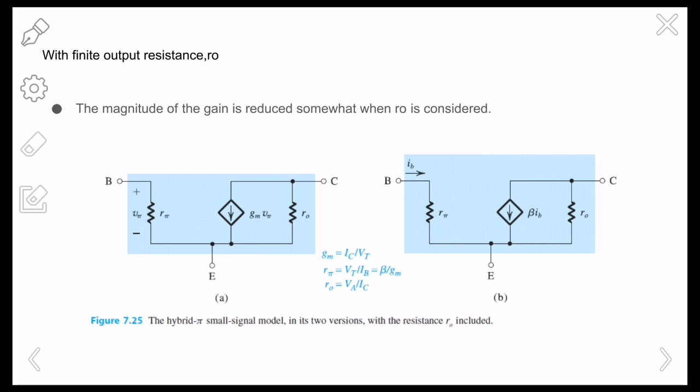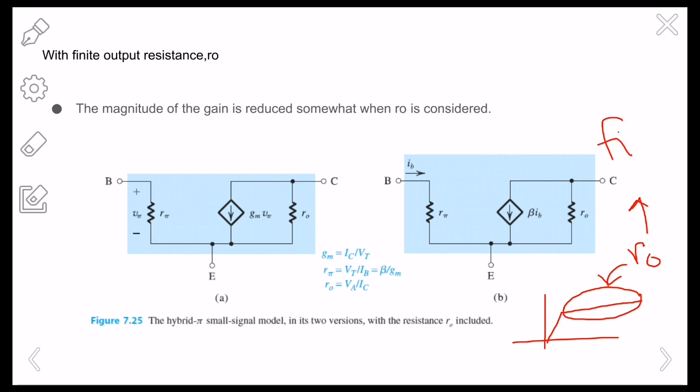Now if you talk about practical considerations, it is something like this. You get a slope in the active region. This slope actually means the R0, that is the output resistance, is not infinite but a finite value, and it is somewhat big. This actually reduces your gain.